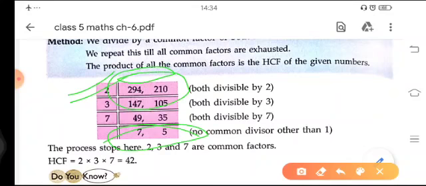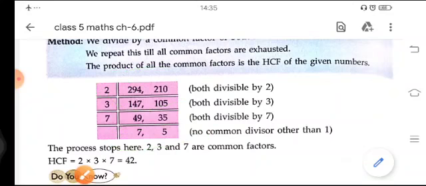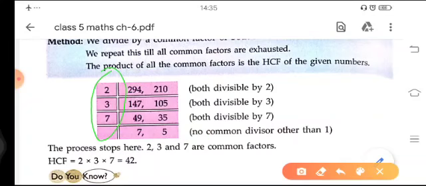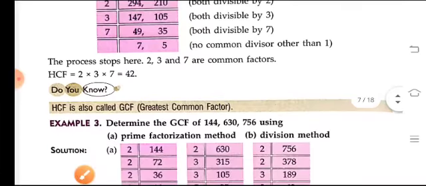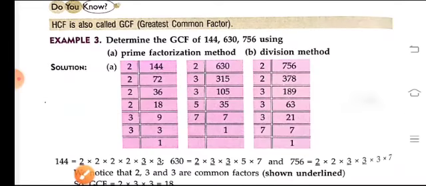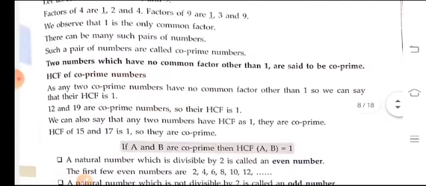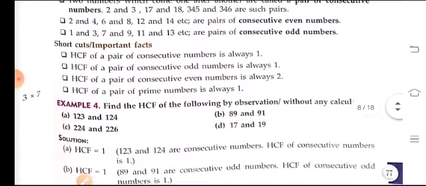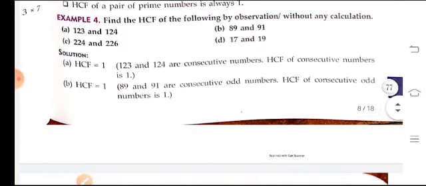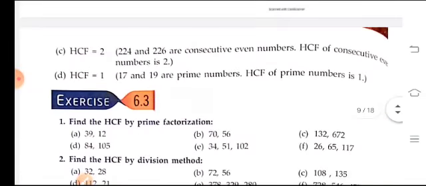Now we multiply the factors we get in this process, and after the multiplication the product will be our HCF. Both methods are very simple. Various examples are given, and with the help of these examples we can also understand how to find the HCF.